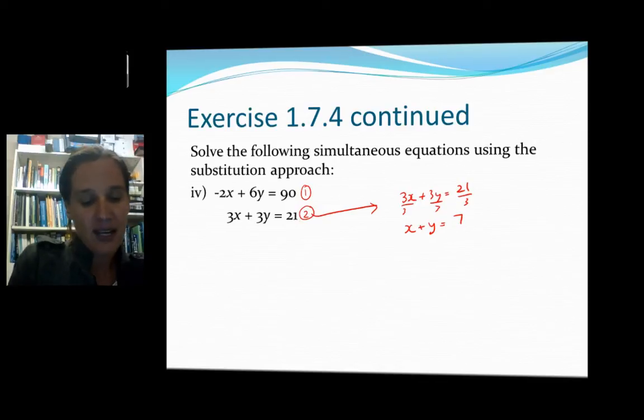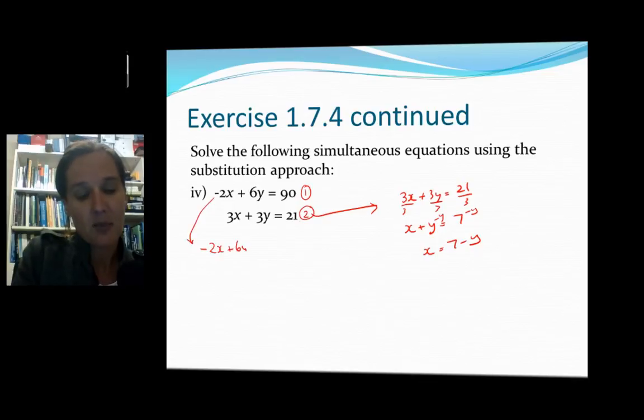So if we can find our x or our y here, we can say, well, minus y and minus y, x is equal to 7 minus y. So now coming back to our equation 1, we've got minus 2x plus 6y is equal to 90.